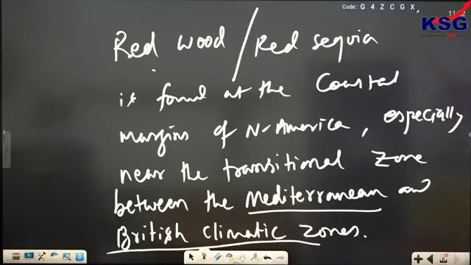Here is a question one of your friends is asking: is the British climate also influenced by a warm oceanic current?